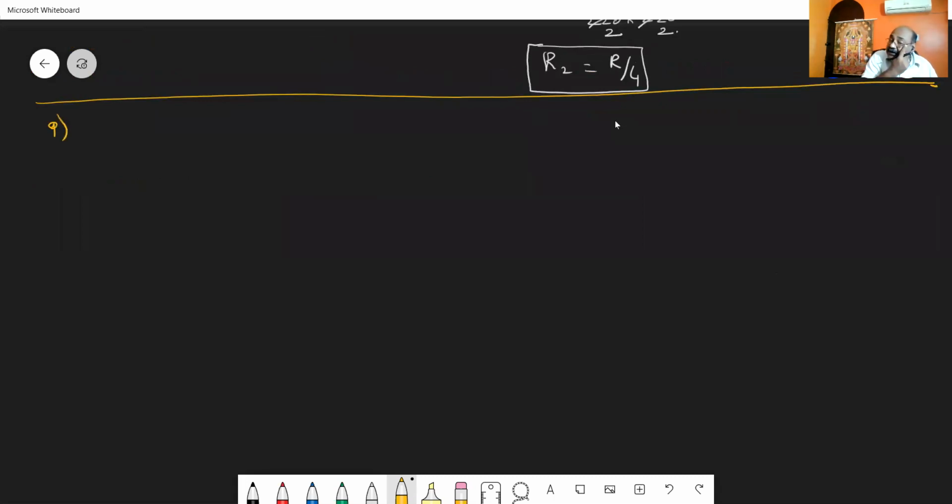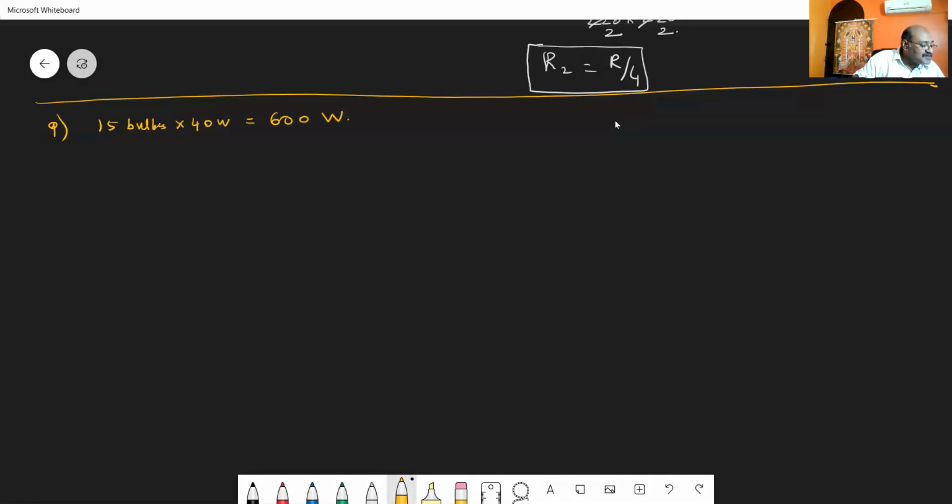What are the given quantities? In a large building, there are 15 bulbs of 40 watt each. When I multiply, I can calculate the total power: 4 into 15 is 60, plus a 0, so 600 watts is the total power of the 15 bulbs.